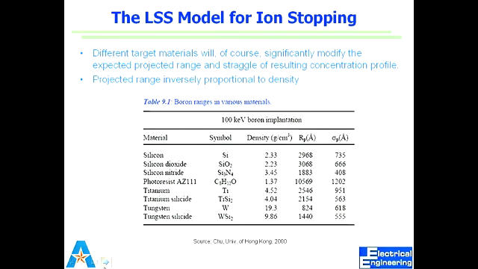Does that make sense? So if I want to define something which is 30 nanometer deep in silicon, how thick of silicon dioxide do I have to use as a mask? Make sense? Do you understand what I said?